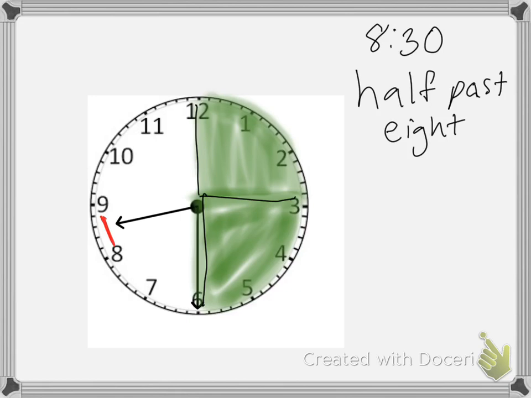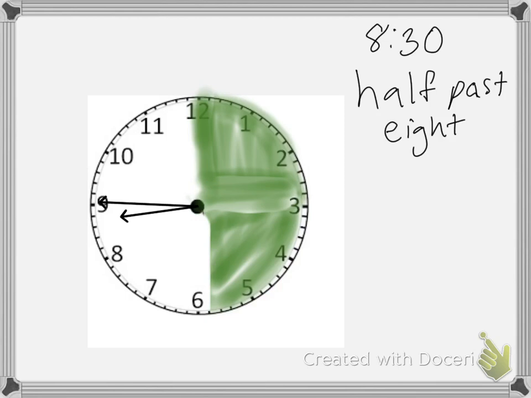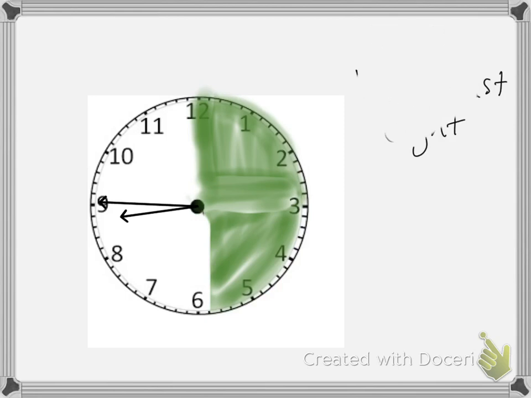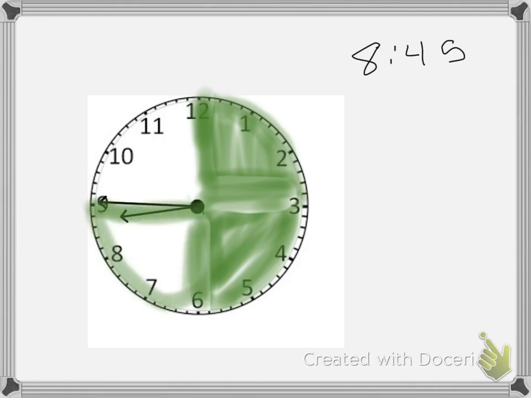I'm going to move my minute hand again. Okay, I've moved my minute hand again, and now the time is 8:45. And we've gone another fourth of the circle. There is 1/4 of an hour left until 9 o'clock.